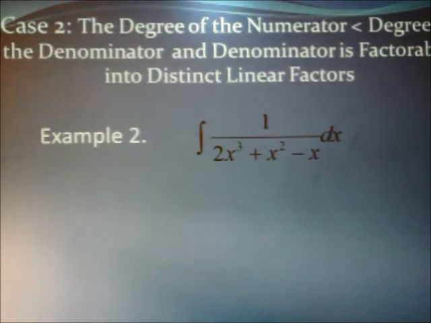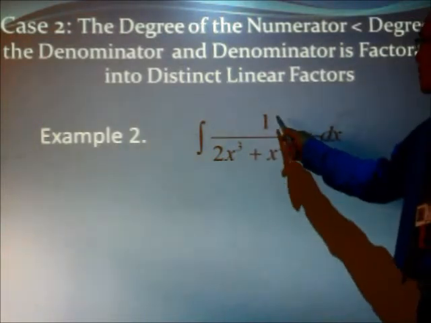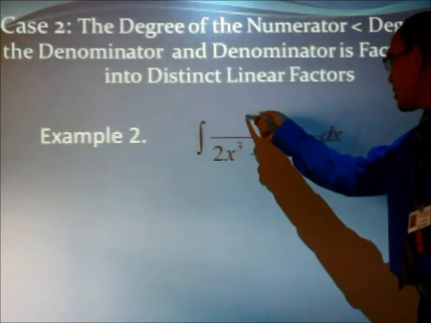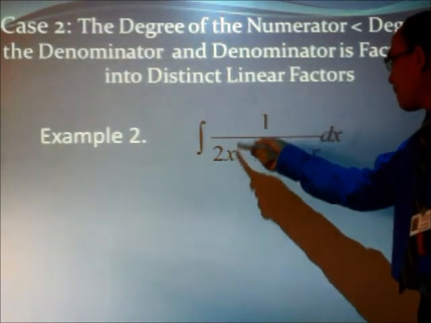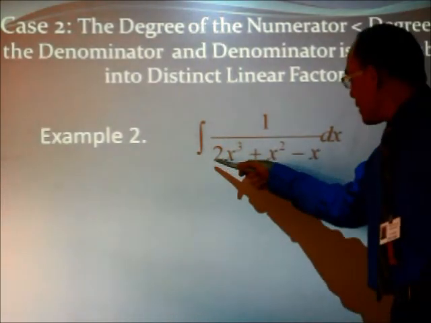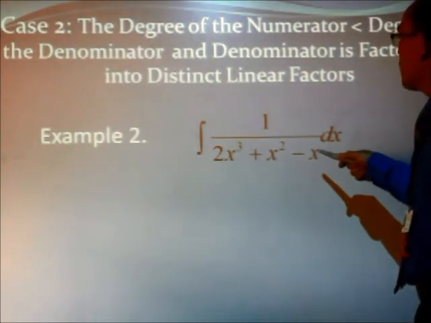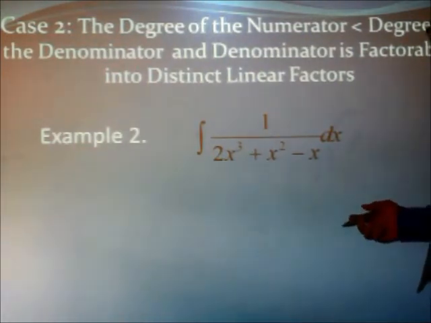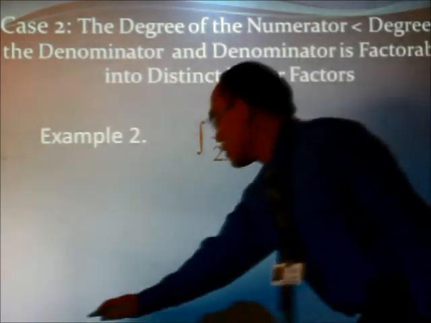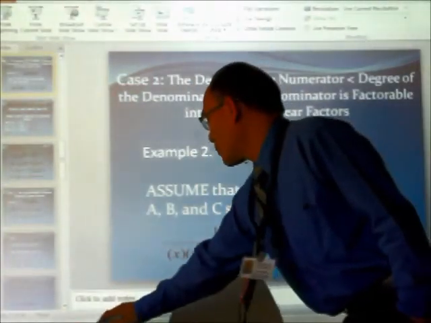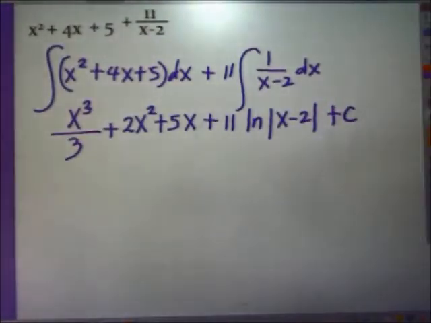That one. Okay, the degree of the denominator is greater than the degree of the numerator. So this is case 2. And the denominator is factorable into distinct linear factors. So how do we do that? We do that in here.